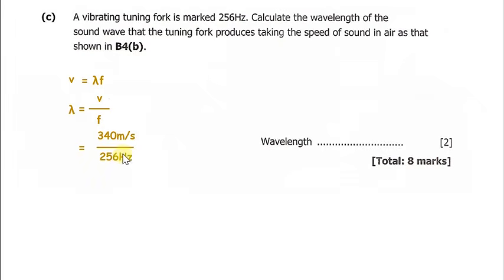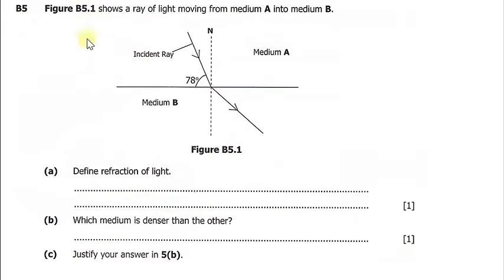So it is 340 divided by 256. It is going to be 1.3 meters as the wavelength. 1.3 meters there. Okay, then we come to B5 here.